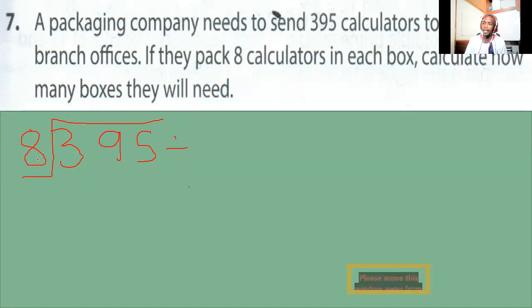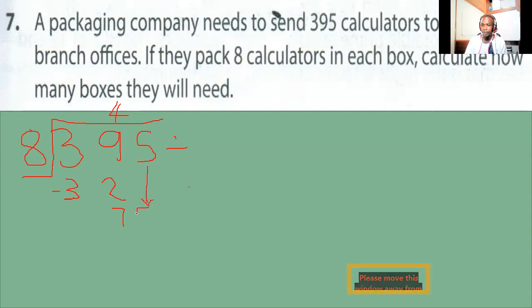What do we get? We get 4, which is 32. But we are doing a long division, so we are not worried about the remainder. 4 times 8, 32. We subtract 32 from 39, we get 7. Then 7 is less than 8, we bring down 5.